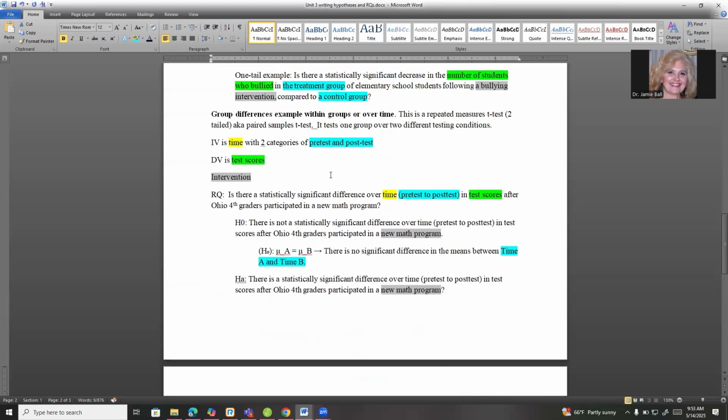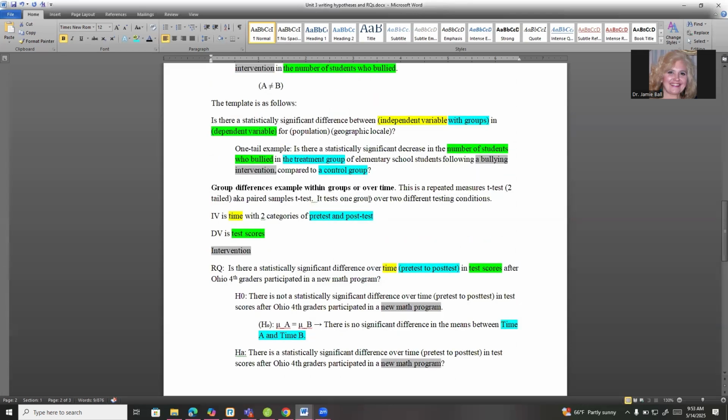All right. Now, I have my template here for group differences, but there's a group differences within groups. So I'm not asking if there's a difference between treatment and control. Maybe I just want to know if one group had a difference over time.